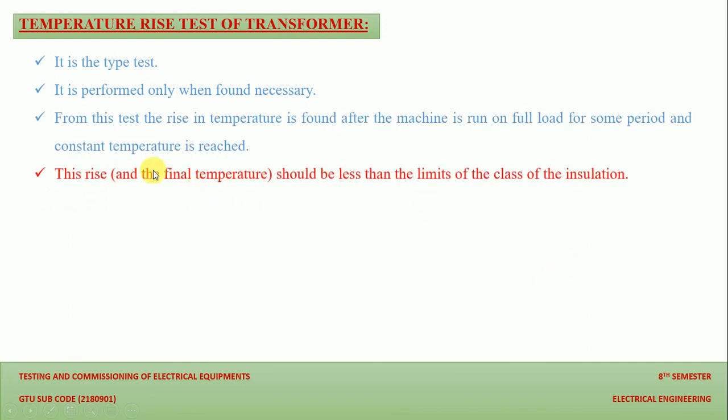The final temperature should be less than the limit mentioned by the manufacturer, or as per the Indian standard, less than the limit of the class of the insulation, meaning the insulation used surrounding the conductor, and according to the insulation class, the oil which we use for cooling purpose. So according to their temperature limits, we have to limit the temperature rise of the transformer.